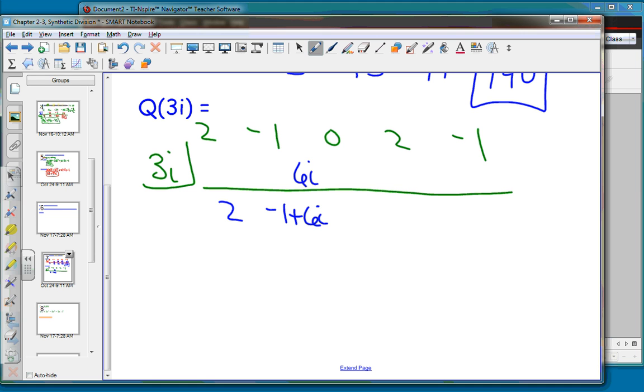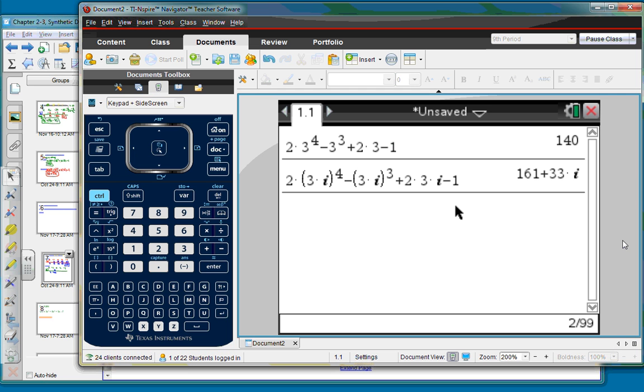Multiply. This is extremely confusing because I have to remember synthetic division and complex numbers. So we come over here to our handy dandy little calculator.